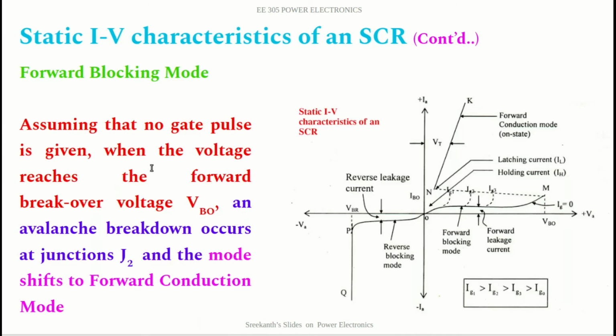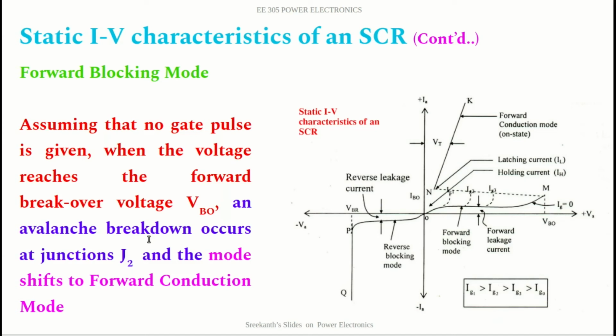Now what happens? Assuming that no gate pulse is given, when the voltage reaches forward breakover voltage VBO, an avalanche breakdown occurs at junction J2. So remember, junction J2 was reverse biased, and as you increase the potential across the anode and cathode, only junction J2 is experiencing a force, because since J1 and J3 are forward biased, they will very easily allow the flow of current.